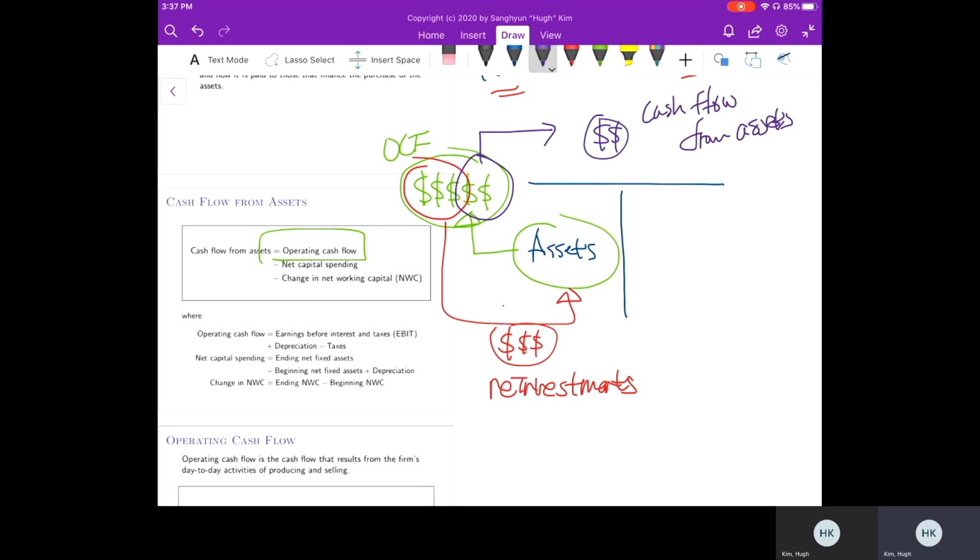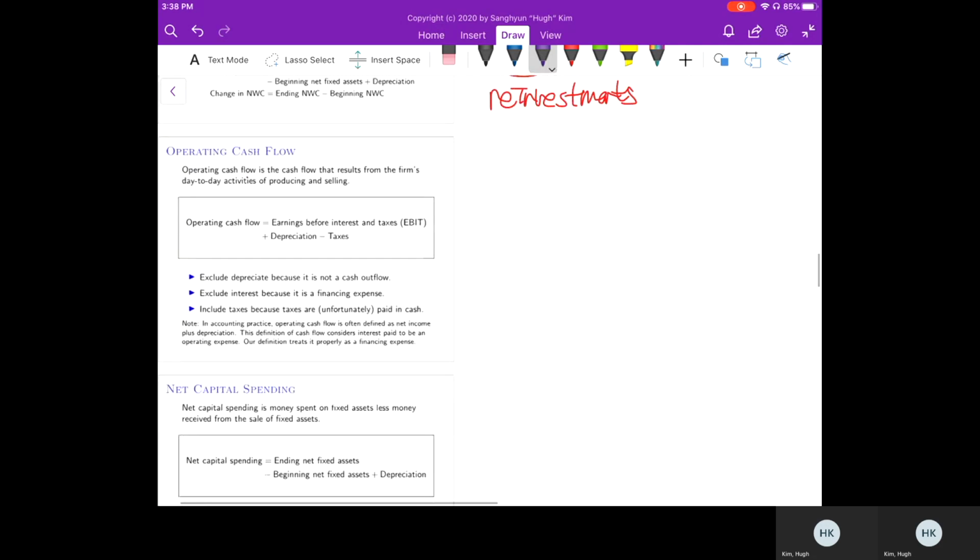So first, let's look at operating cash flow. OCF, operating cash flow, is the cash flow that results from the firm's day-to-day activities of producing and selling.